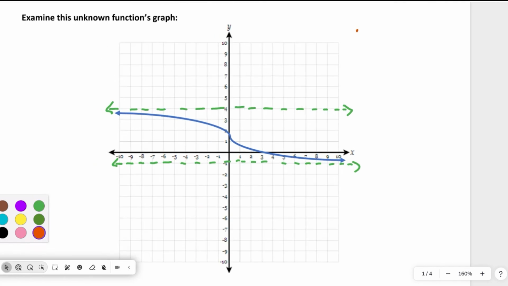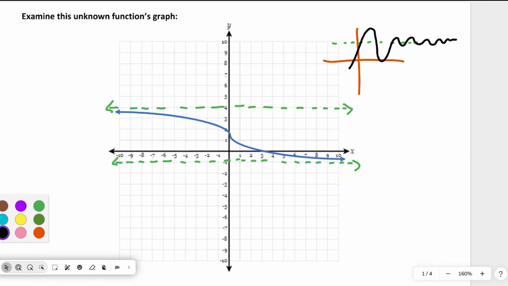So you could potentially have a graph with an asymptote, let's say here, and the graph does something like this, where it crosses it many, many times, but as x goes closer to infinity, the difference between the value of the function and the asymptote goes to 0. It's getting closer and closer to that asymptote. It's approaching that value.